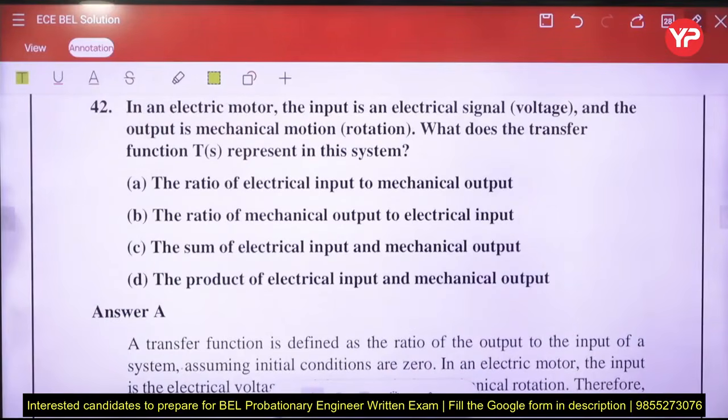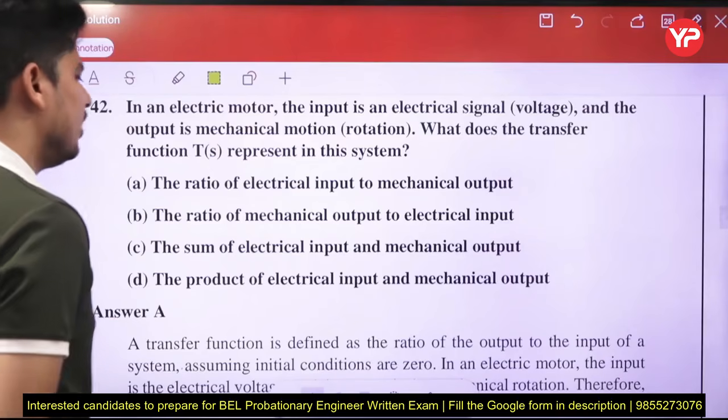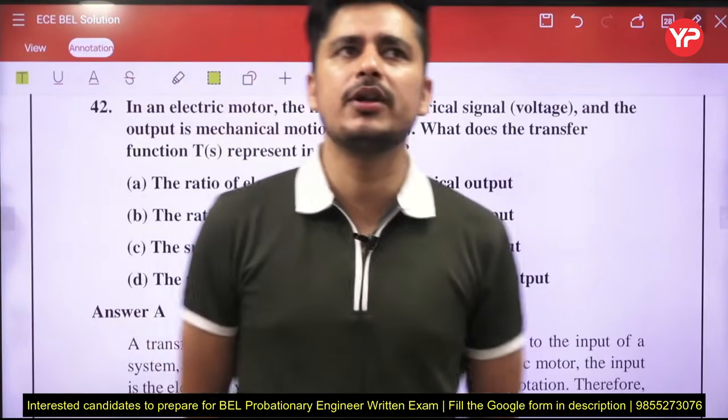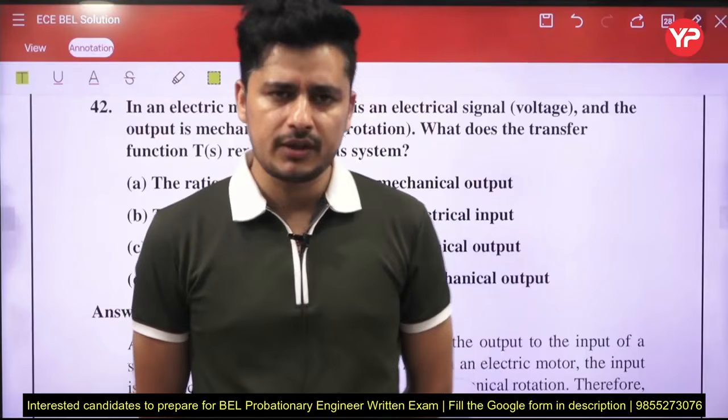In an electric motor, the input is an electric signal and the output is mechanical motion. What does the transfer function represent? The transfer function is always defined as the Laplace transform of output divided by the Laplace transform of input.